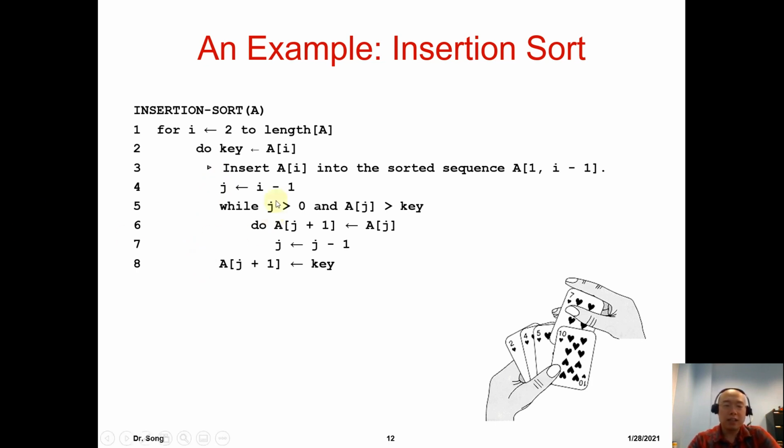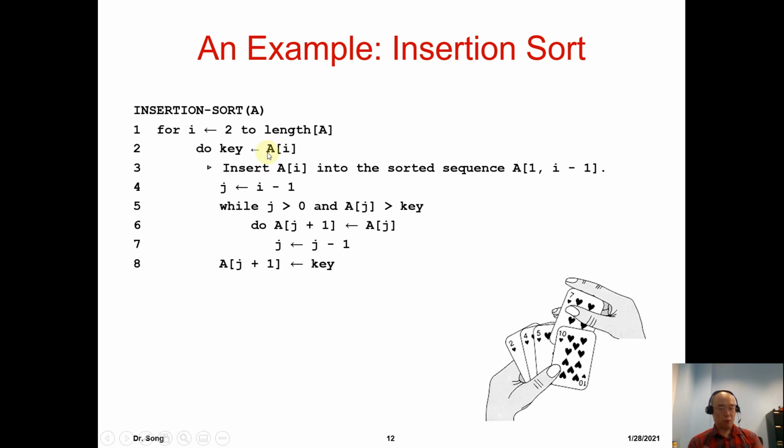We assign i minus 1 to j, and as long as j is greater than 0 and A[j] is still greater than the key, what do we do? We shift A[j] to the right side. So we are moving the values higher than the key to the right, and eventually we stop at the place that is the right place for the key. And what is the key's value? The key's value is A[i].